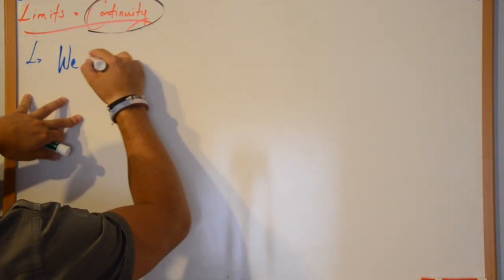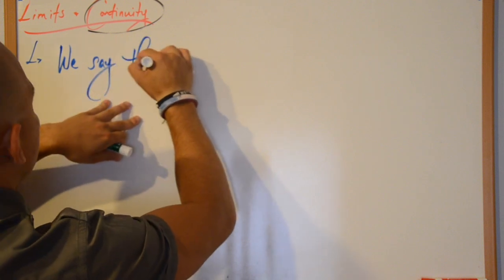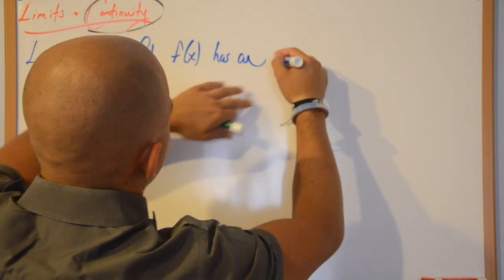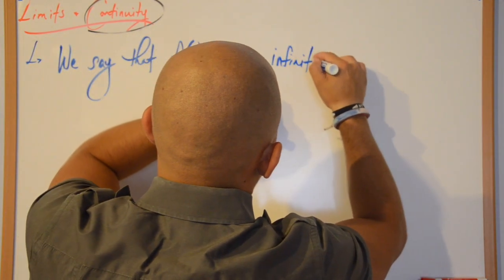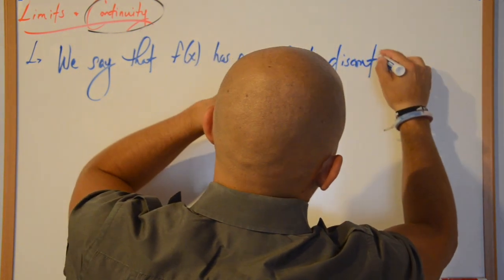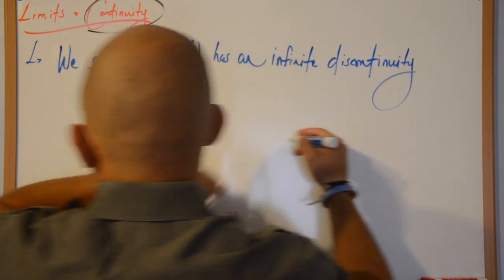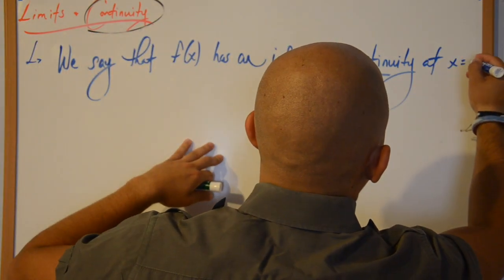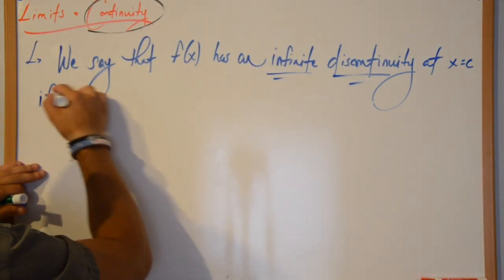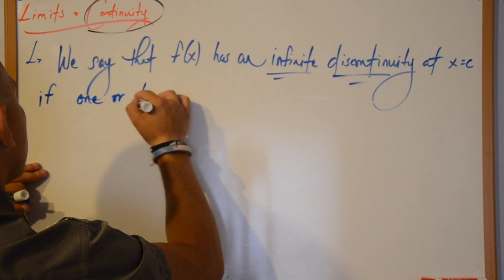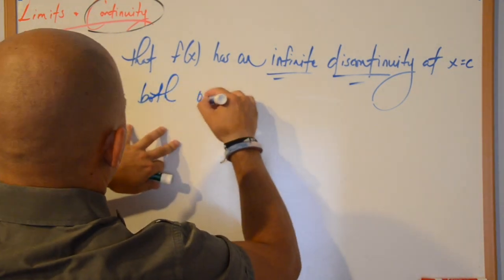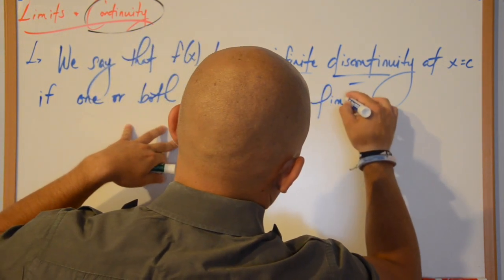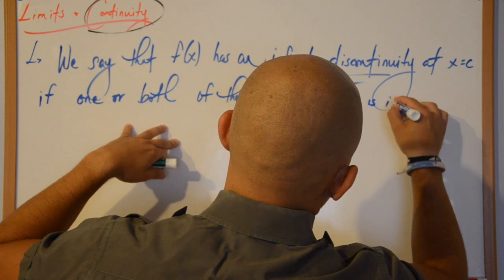So in the event that we do have an infinite limit, we can say that the function has an infinite discontinuity at x equals c if one or both of the one-sided limits is infinite.